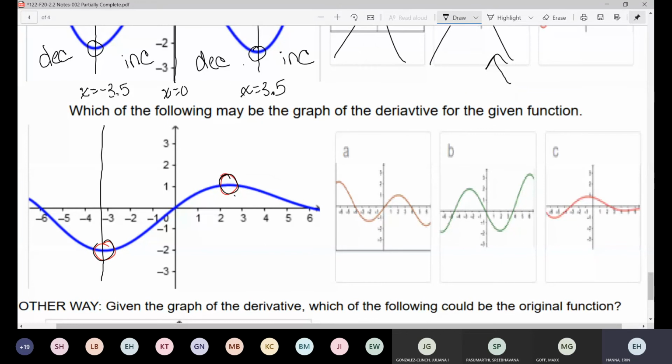So I've got to cross the x-axis at about, let's just say -3 for my sanity, and at about 2 or 2.5. You don't have to be really perfect. Again, most of these kind of fall out from that. So I know that my graph has to cross the x-axis twice.